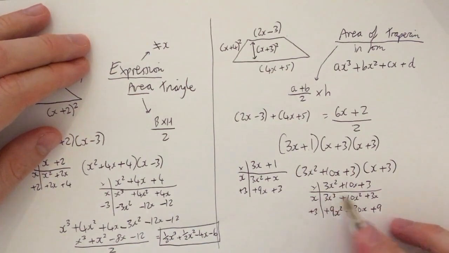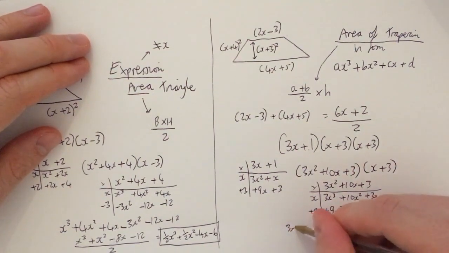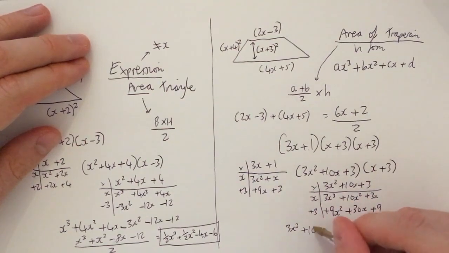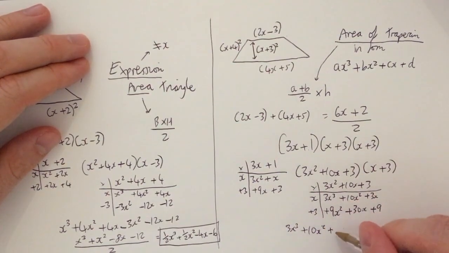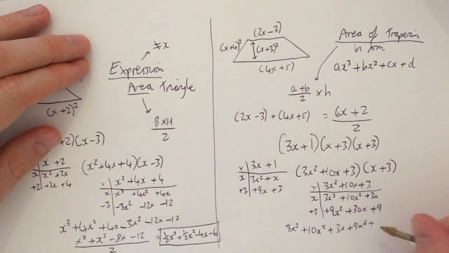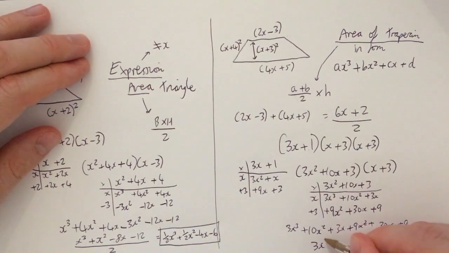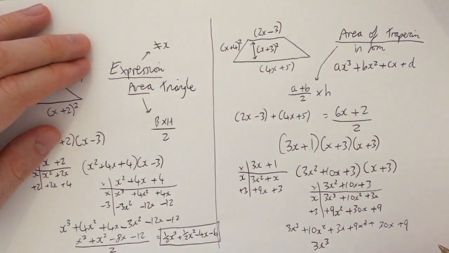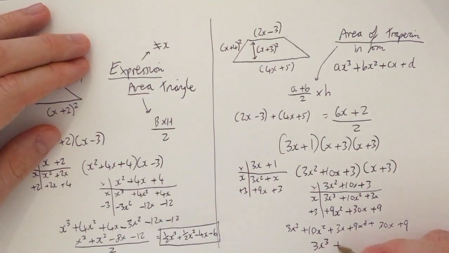I'm now going to make that simplified. Then as our simplified answer here, 3x cubed remains by itself. 10x squared plus 9x squared will be 19x squared. 3x plus 30x is 33x, and then you add the 9.